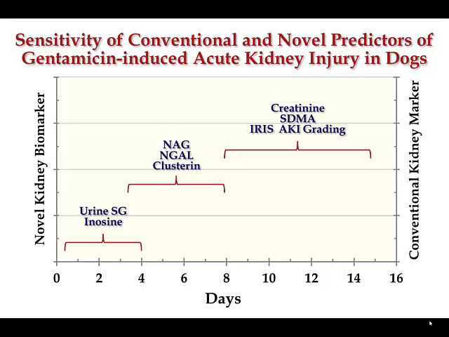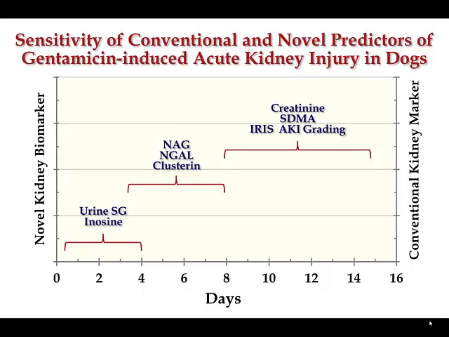Urinary specific gravity is not going to be very helpful because these animals are on fluids and on drugs, or you don't know what their previous specific gravity was. It's an early marker, but we would probably put a lot of emphasis on something more specific, and it looks like a marker like inosine would give us this time sensitivity right here.